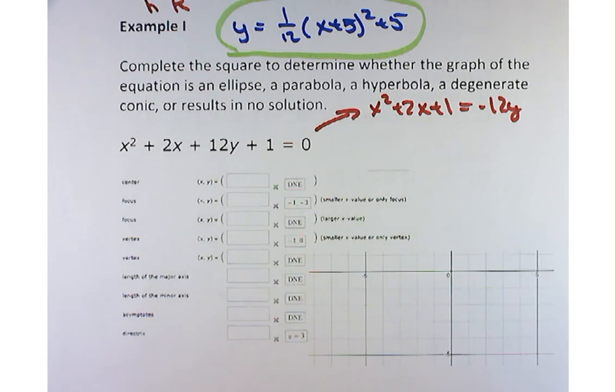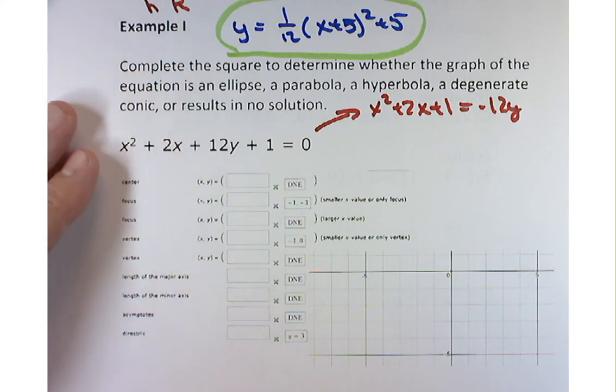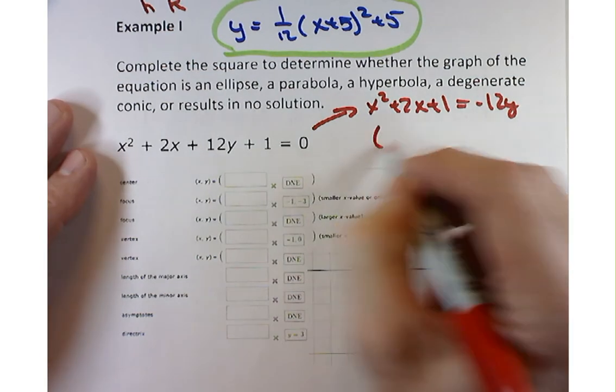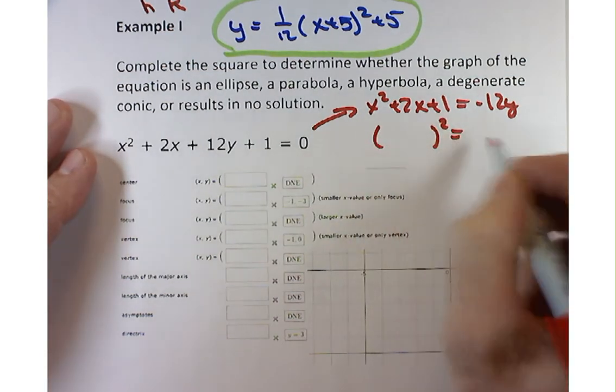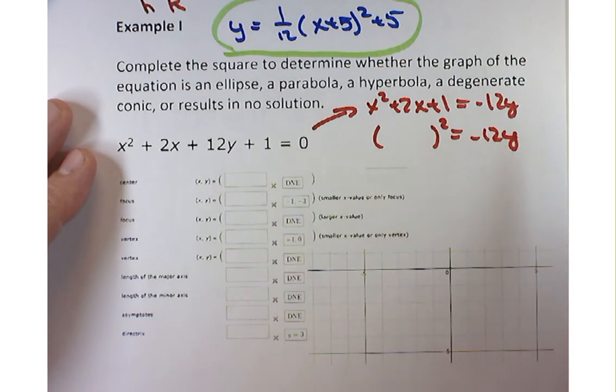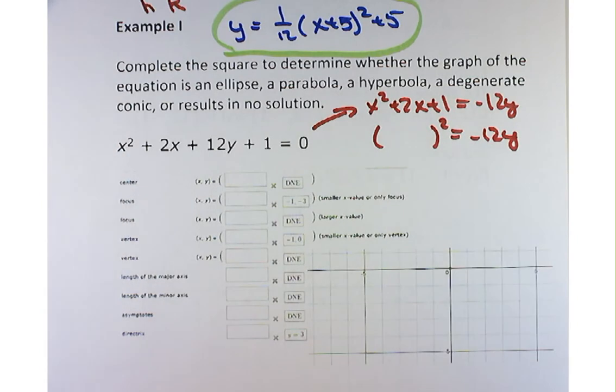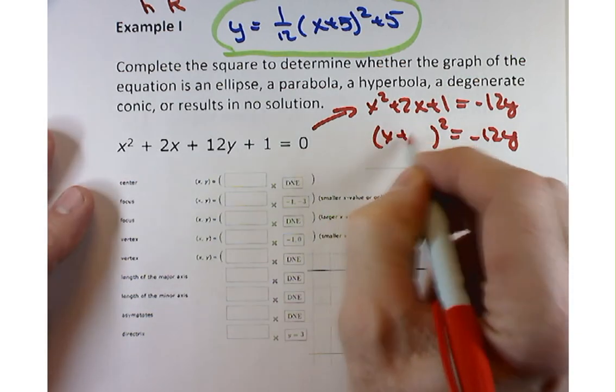There's something special about it. Do you know what's special about the left-hand side? Yeah, it's a perfect square trinomial. What would I square to get that? Yeah, thanks, Reagan. x plus 1.